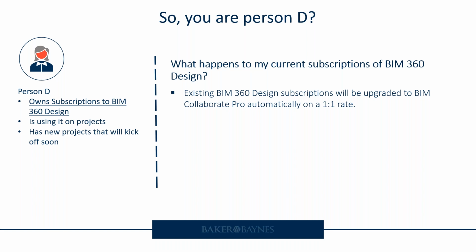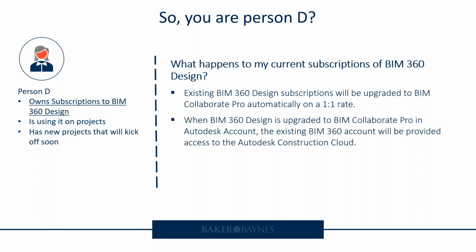Now, in the past, BIM 360 Design did not include clash detection. Now you get it automatically. So now you can do all of your wonderful things that you used to do on BIM 360 Design, plus you get access to cloud-based clash detection. So person D, you are winning.